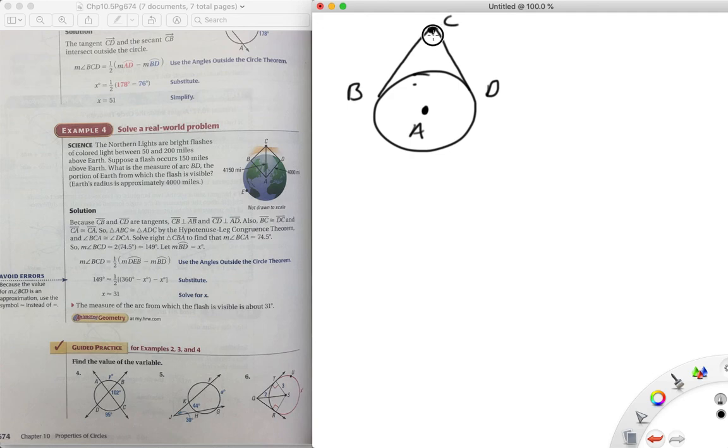So the distance between here and here, the radius of the Earth plus 150 miles, is going to be 4,150 miles. And we have the radius right here, to point D, and right here, to point B. The radius is 4,000.